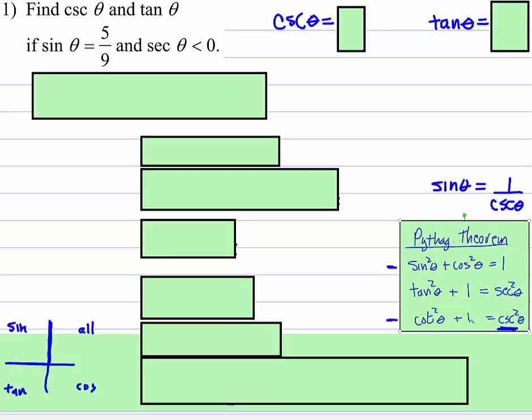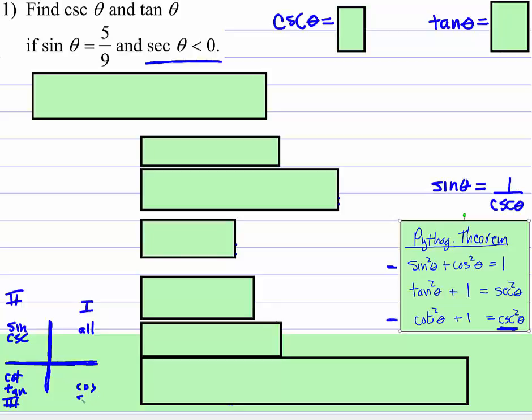The other thing I want you to pay attention to is the information they gave us. They gave us that sine is positive and secant being less than 0 is negative. And remember the graph that I wanted you all to memorize: this tells us in which quadrant the trig functions are positive. In the first quadrant, all of them are. In the second quadrant, sine and its inverse, cosecant. Third quadrant, tangent and its inverse are positive.